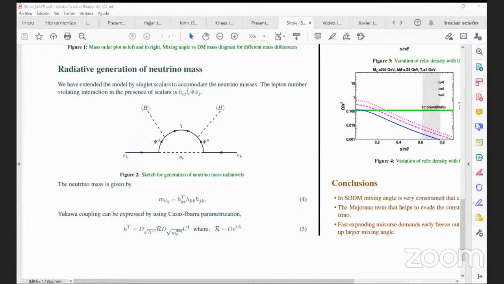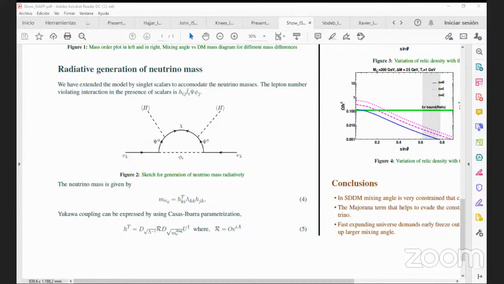You can see that the Majorana mass which is responsible for relaxing the direct detection bound is the same Majorana mass that enters to give Majorana mass to the neutrino. One can calculate the mass matrix here, given in equation 4.